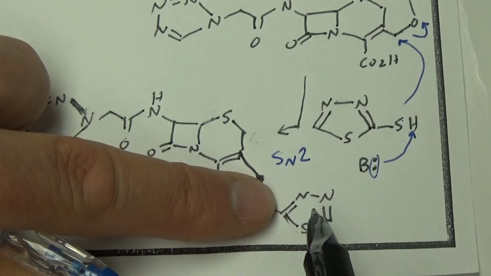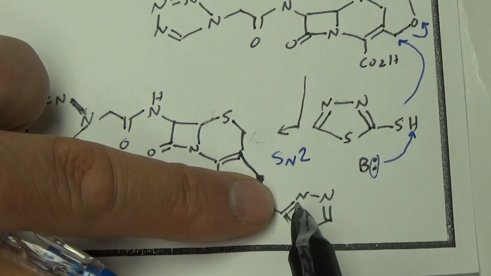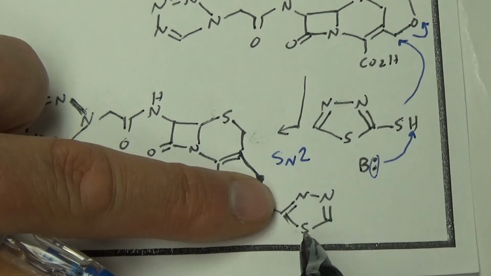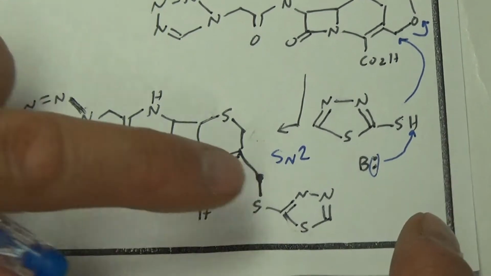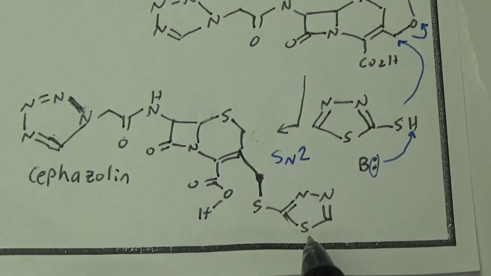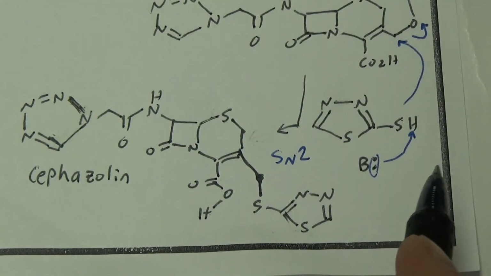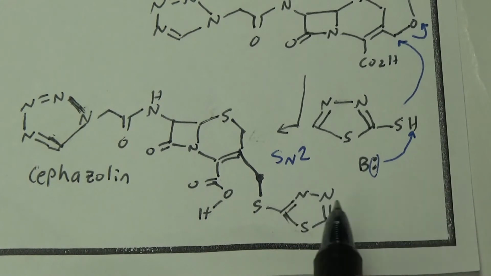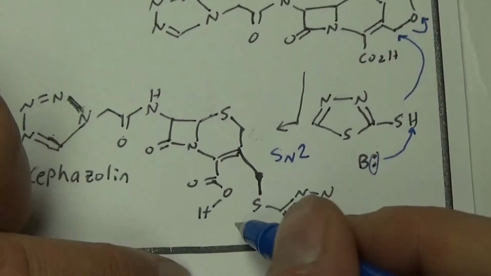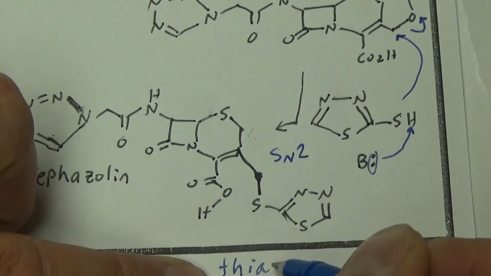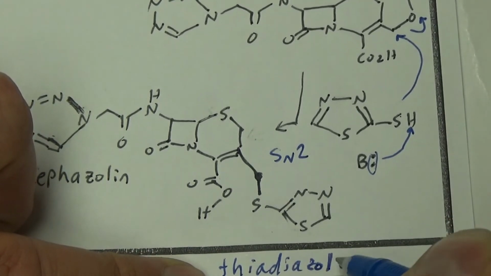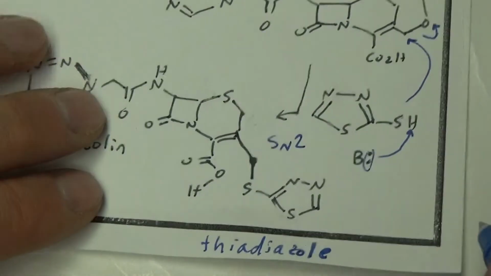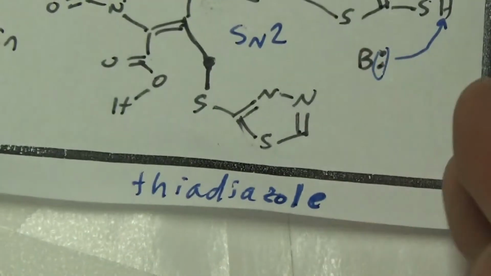It's got 2 nitrogens in it and a sulfur, which is often called thia or thio, I guess. So the name of this is basically something diazole. Diazole for 2 nitrogens. So it's called thiodiazole. Heterocycles have a fun naming system, and you see them in all sorts of drugs. Okay, that is a thiodiazole.